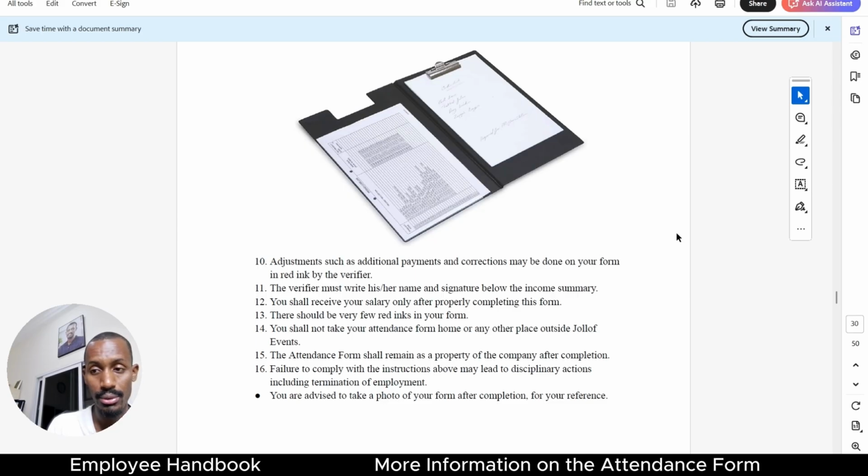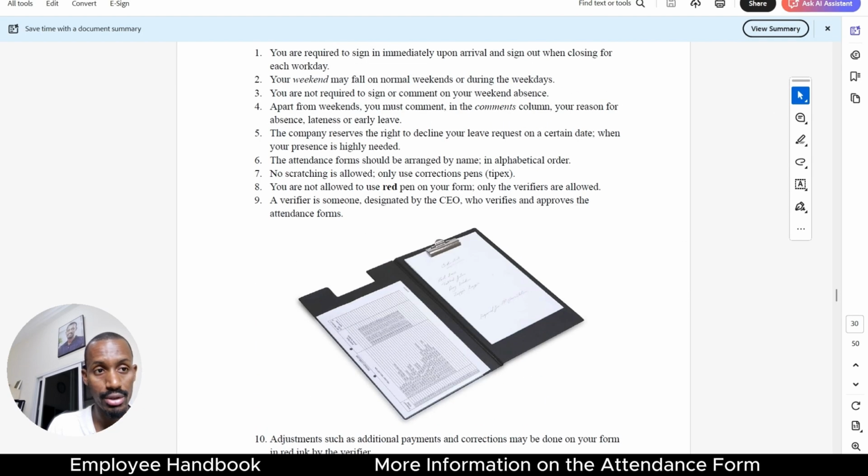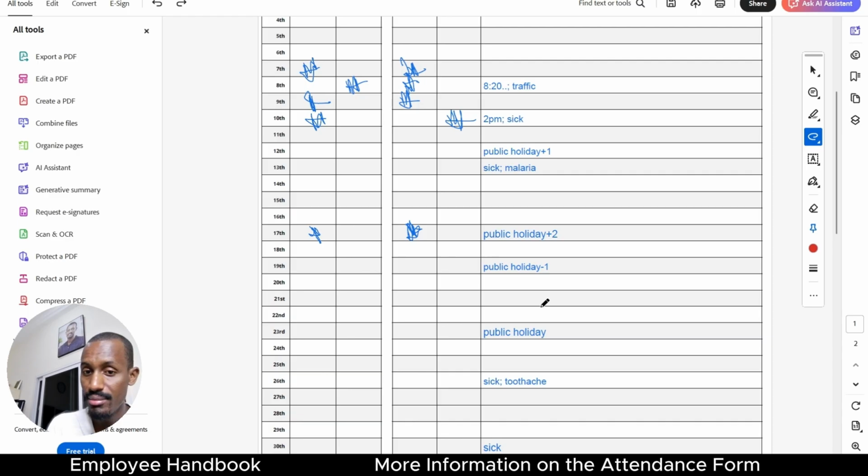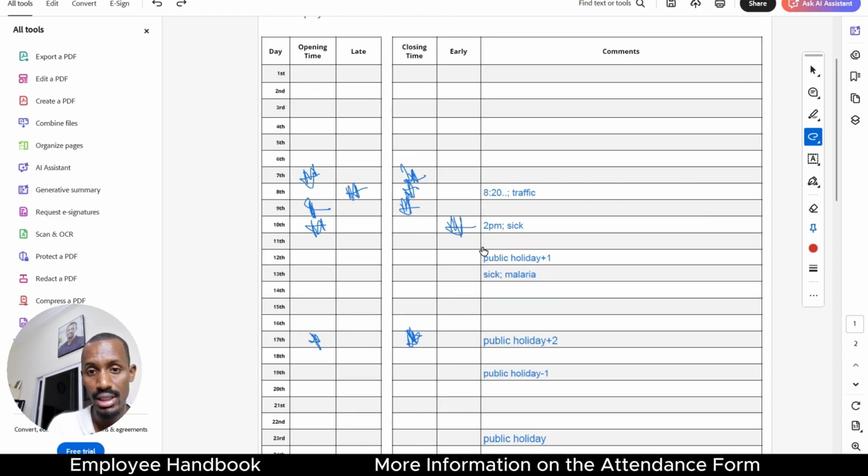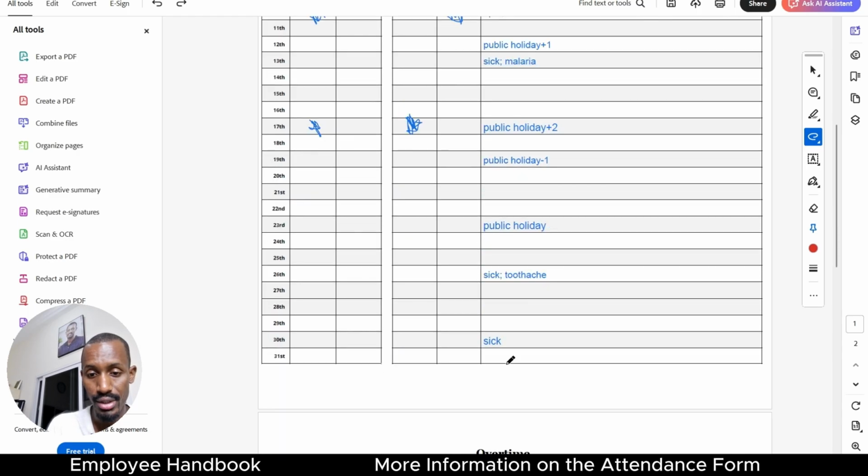So this is what I have been telling you. The verifier will look at your form here. If they find any mistake, for example they see here sick, they will put a question mark: sick for what? What happened to you?